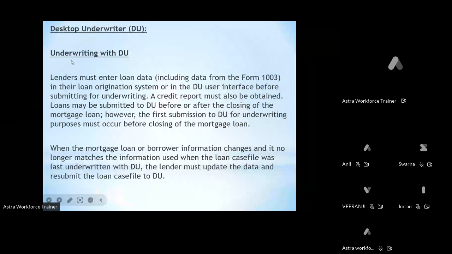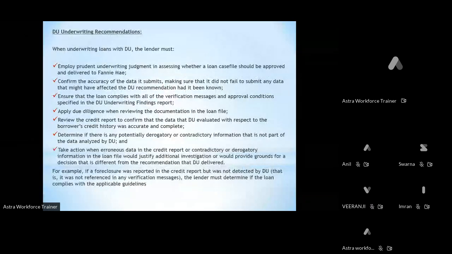Now, DU underwriting recommendations. Why are DU underwriting recommendations required, and what is the cause for the recommendation? When underwriting loans with DU, the lender must employ prudent underwriting judgment in assessing whether the loan case file should be approved and delivered to Fannie Mae.